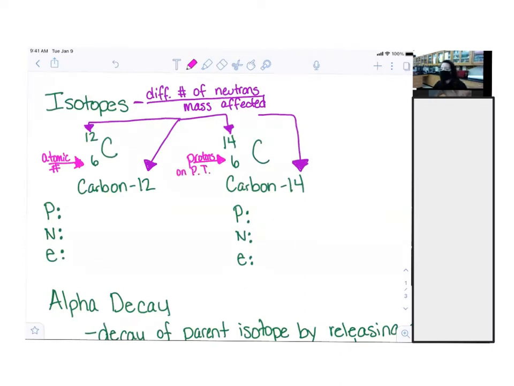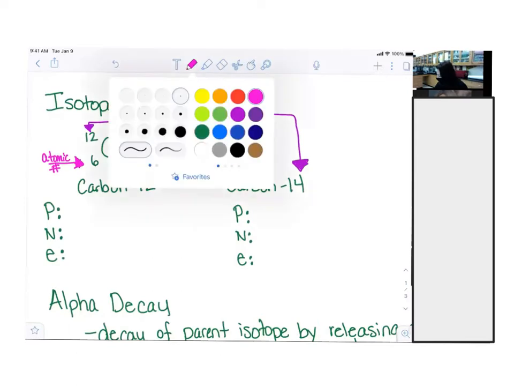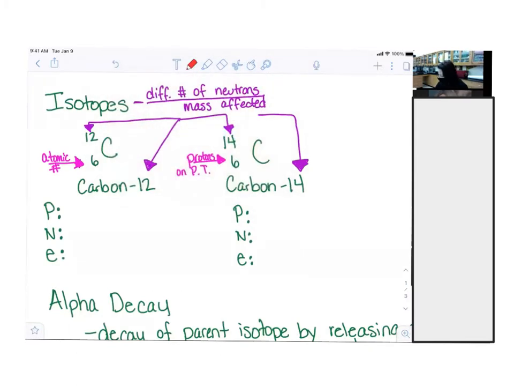And so we can tell that this is the same element because the bottom number is the same. So if I had an isotope that I didn't know what it was, and I symbolized it as X, and I had a mass of 52 on one of them and 55 on the other one, but the bottom number was the same, like this, I would know that those are isotopes of the same element because the bottom number is the same.